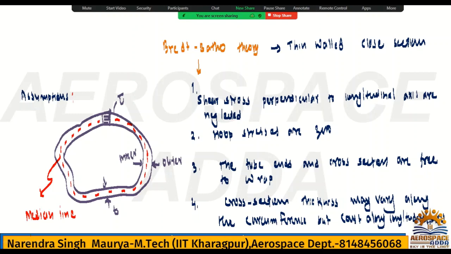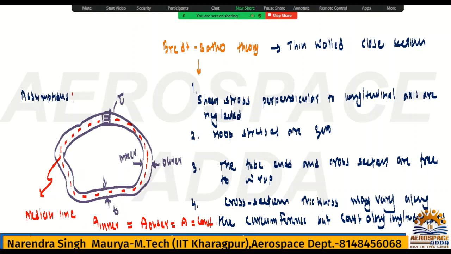Okay, so for this reason also you may say that the inner area, because it is thin, will be equal to the area of the outer, and this area will be constant. This is the one thing you need to remember.